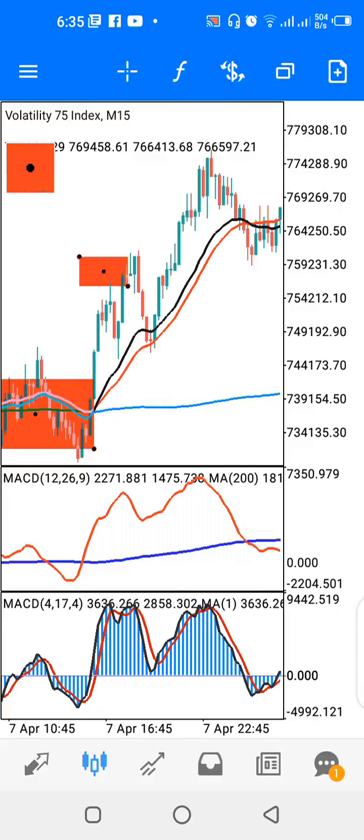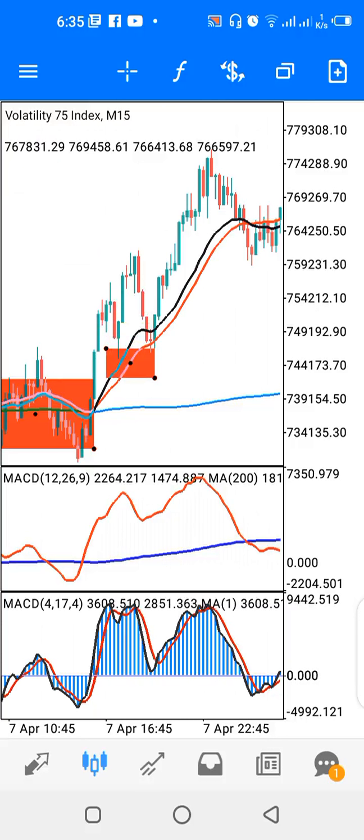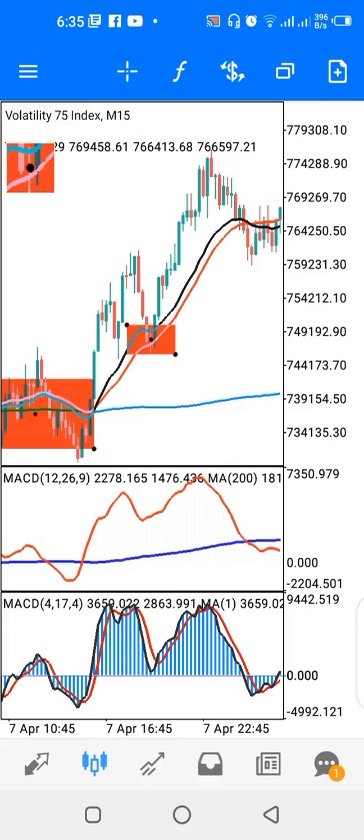A retest is when price goes up and then comes down to the moving averages, not breaking and closing below, and then starts to go up. That's my retest. That's when I take my buy trade.